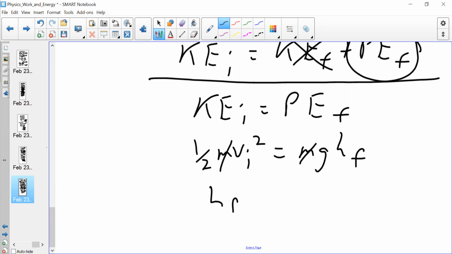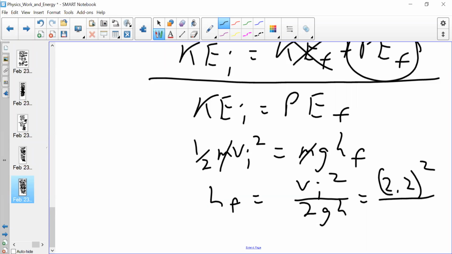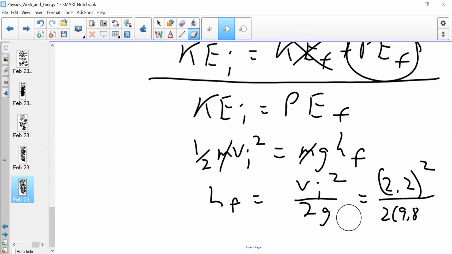Then we solve for h final, and that's going to be vi squared divided by 2g. And so that's going to be 2.2 squared over 2 times 9.8. This 2g, sorry about that. Can't have h in there when solving for h. It's divided by 2g. How do we get that?